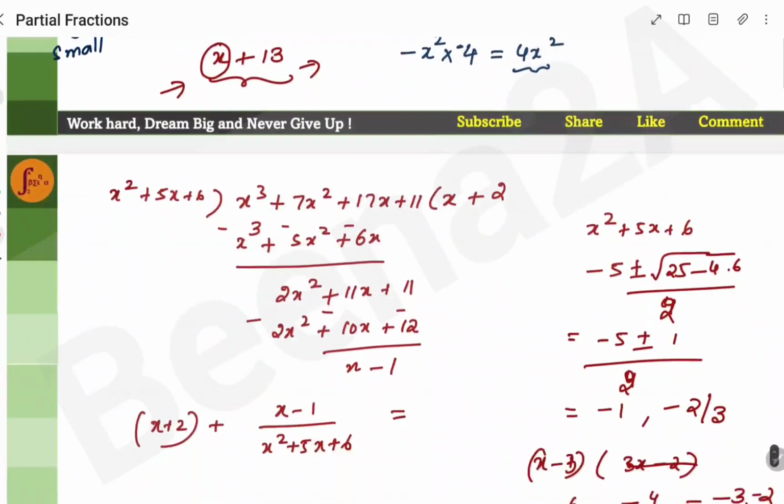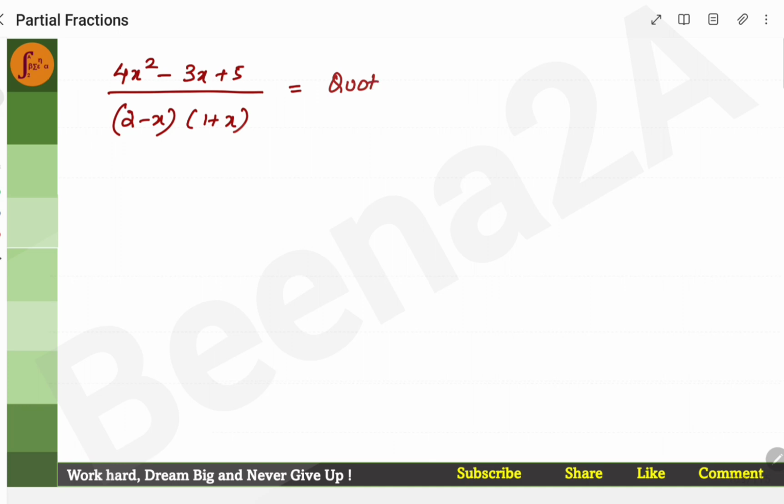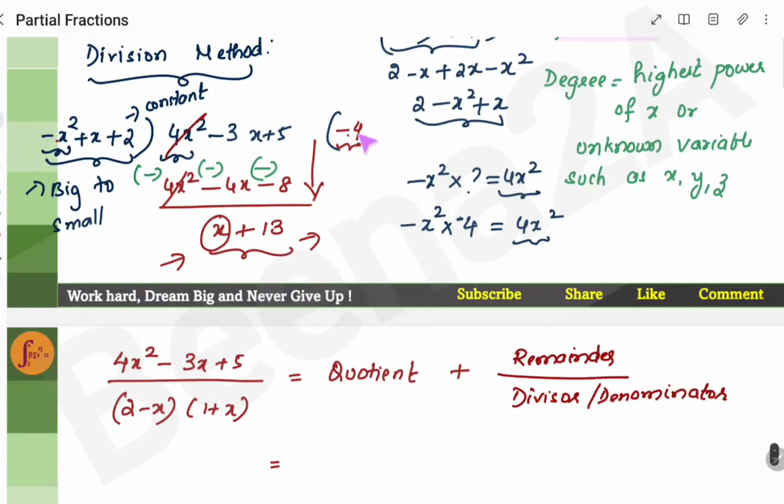So now how should I write this? I have to write this as quotient plus remainder divided by divisor or denominator. So what is the quotient? Notice this is the quotient, this is the remainder, and this is the divisor.